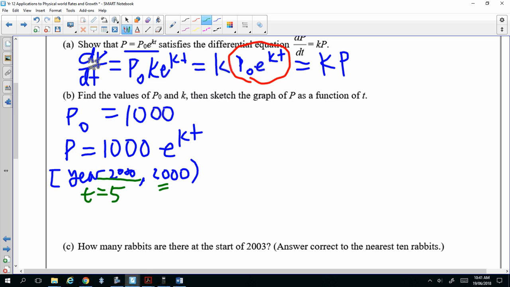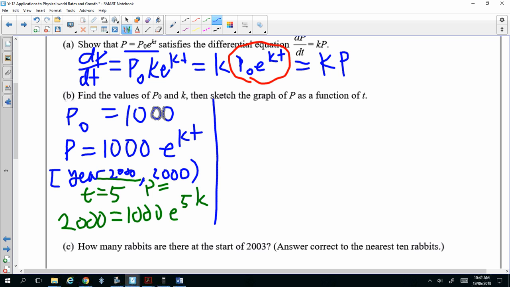So you write 3,000 equals 1,000 e to the power of 5k. Then you can solve for k. We divide both sides by 1,000 first, cancel the 1,000, and you get 3 equal to e to the power of 5k.